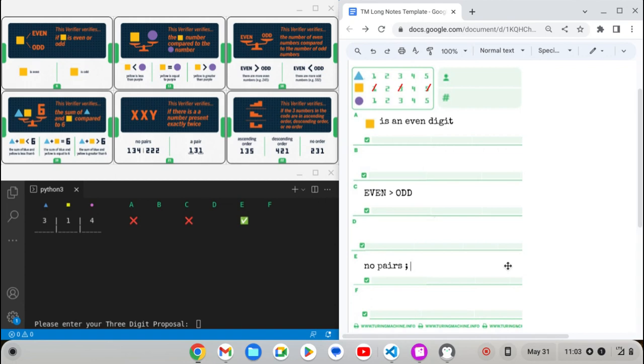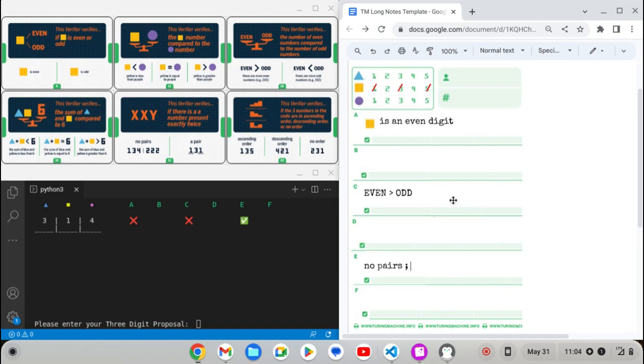And if that is the case, that means that when I think about there being more even than odds, that very well might mean that there's a single 2 and a single 4 and an odd.